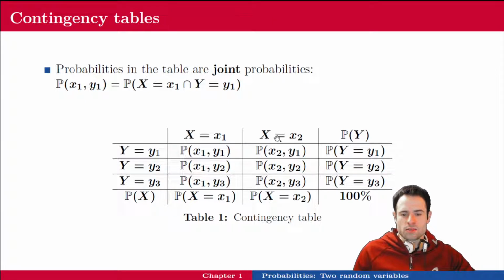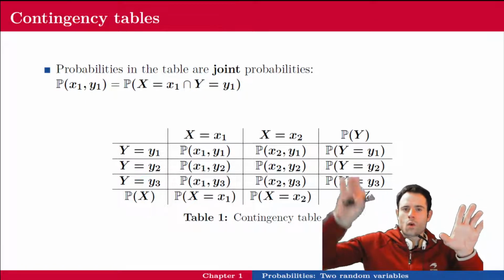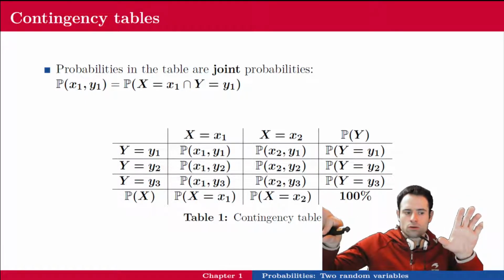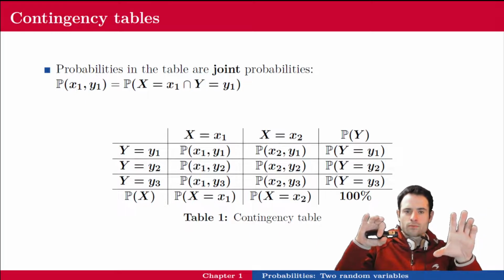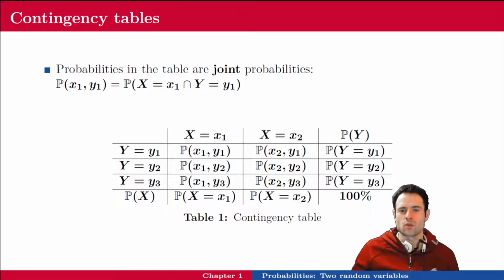Same, x can be equal to x2 when y is equal to y1, or y2, or y3. So when you add all the numbers where x1 is going to show up, that will give you the overall probability that x is equal to x1. There is the case where x is x1 and y is y1, y is y2, and y is y3. But in all of these cases, x is equal to x1.